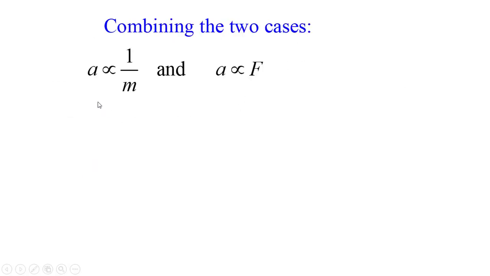Combining the two cases, from the first case we had acceleration is inversely proportional to mass, and from the second case acceleration is directly proportional to force, or acceleration is directly proportional to force and inversely proportional to mass, and we can combine and write the two equations as one in this form.